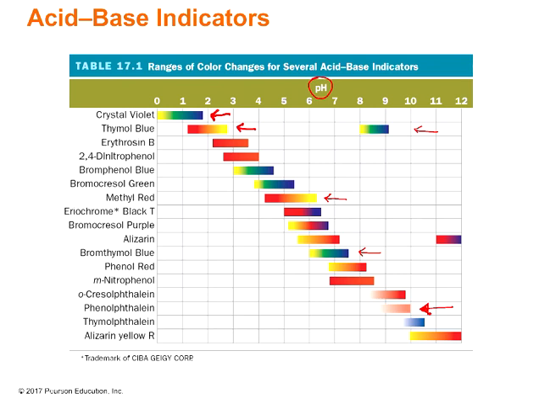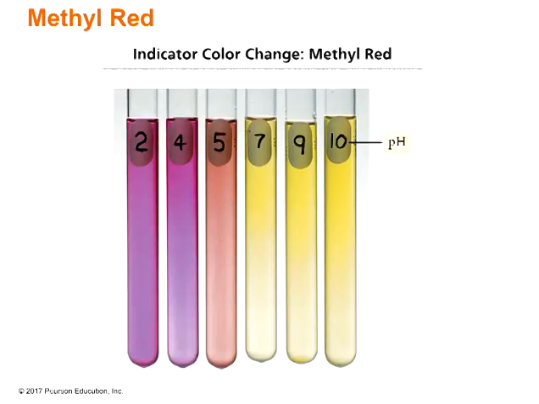So, you know, there's a whole wide variety of indicators you can use. It just kind of depends on what your experiment is and where you expect your endpoint or equivalence point to be. So methyl red, for instance, is a pretty common indicator. And here we have several test tubes at different pH values.